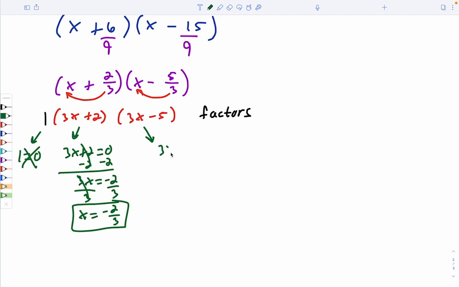Then the next one, 3x minus 5 equal to 0. This one's pretty easy. Add the 5 and divide by 3. So then x would be 5/3. So the solutions here are negative 2/3 and 5/3.